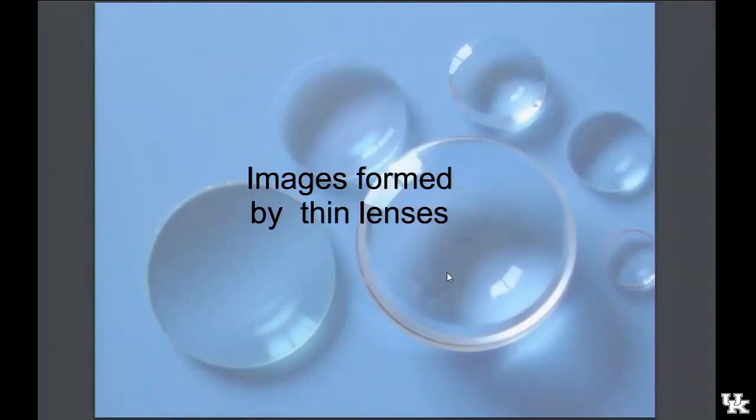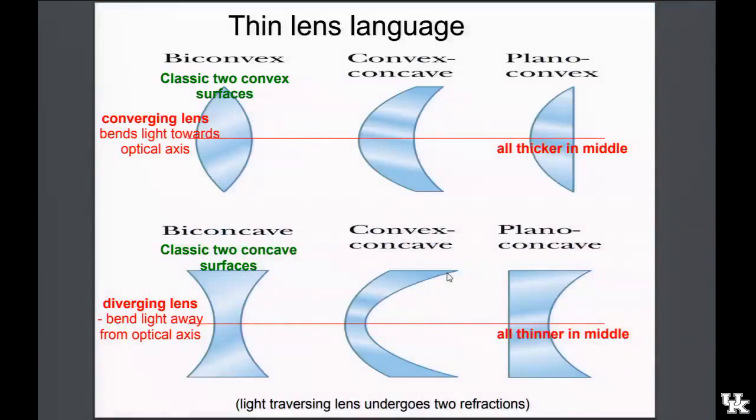Let's start the second topic, which is the images formed by lenses. This is just to show you a little bit and introduce a little bit of language for lenses. There are two types of lenses, basically. And now the slide's moved off the screen.